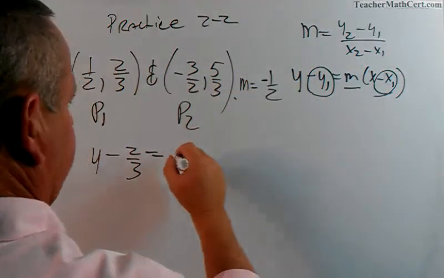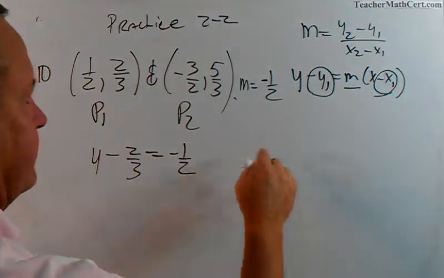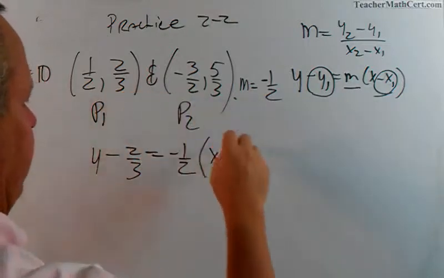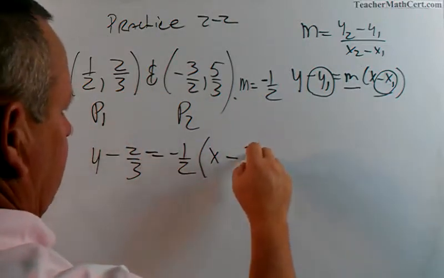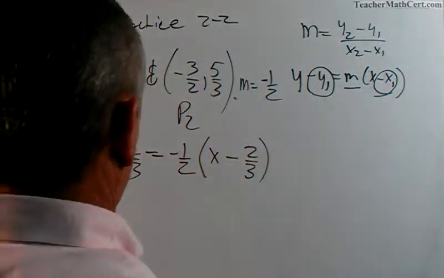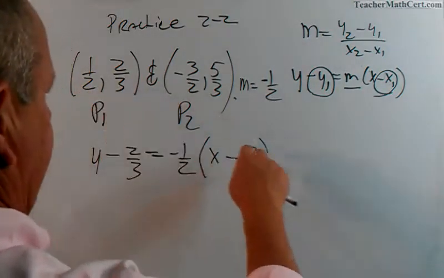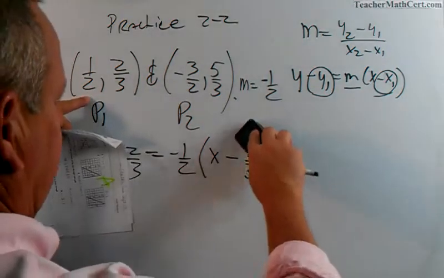So it's going to be minus 1/2 times the quantity x, and then pull x1 off of here, minus 1/2. And I believe that is the answer. That's number 10: y minus 2/3 is equal to negative 1/2 times x minus 1/2.